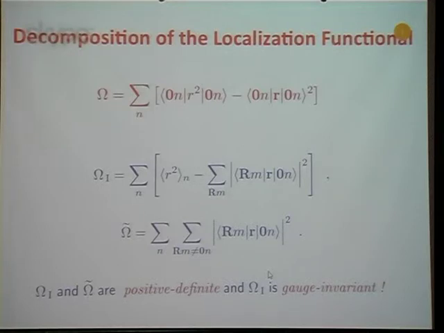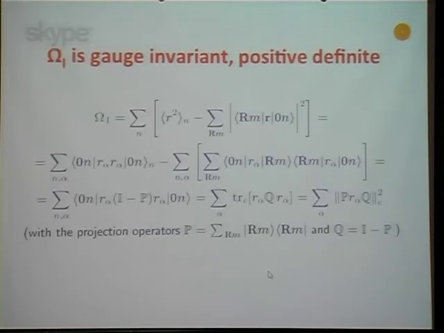And the demonstration that omega I is positive definite and gauge invariant is here. I won't really go into it. I just use projection operators P and Q. P is the projection over all the Wannier functions, and Q is its complement.